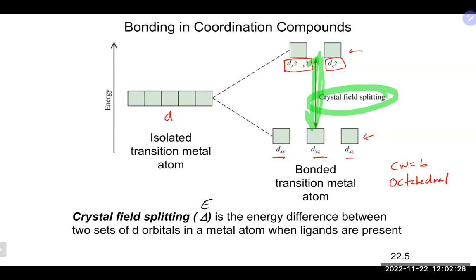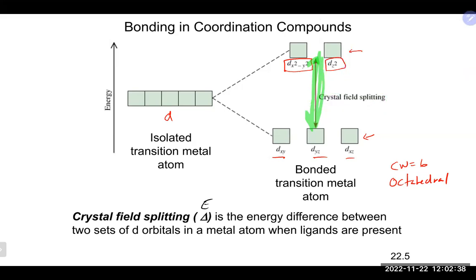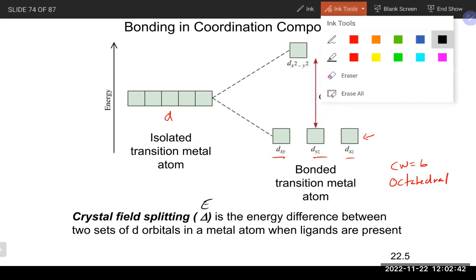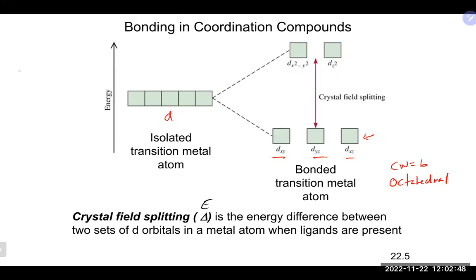This is important because of how the electrons will populate these d orbitals depending on which ligands attach. So there are two scenarios that can happen as we start to populate our electrons. Let's say, for example, we had 4 d electrons to populate into these orbitals.